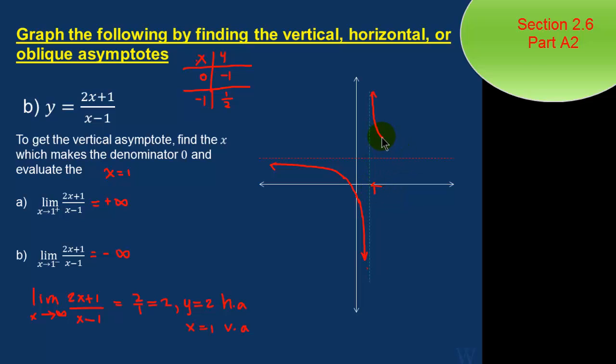And naturally, as x approaches plus infinity, the graph approaches the horizontal asymptote, that's when y is equal to 2. Okay? So that completes the graph of the function (2x + 1) all over (x - 1).